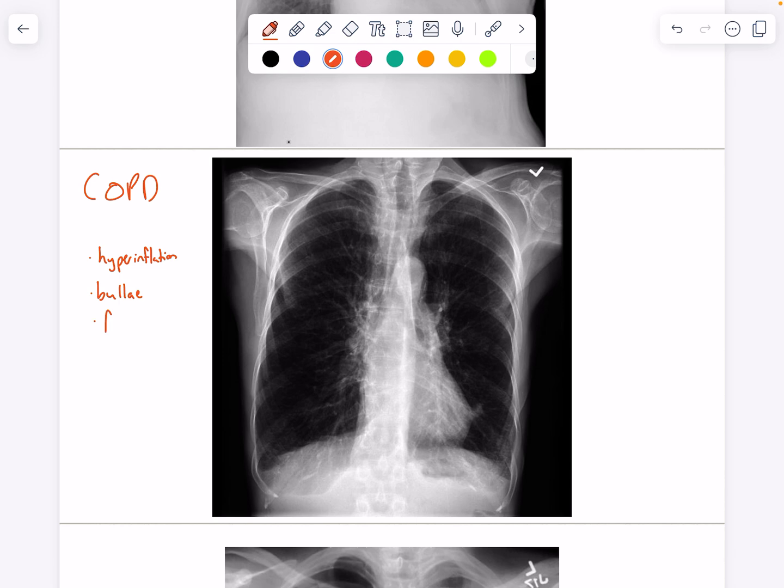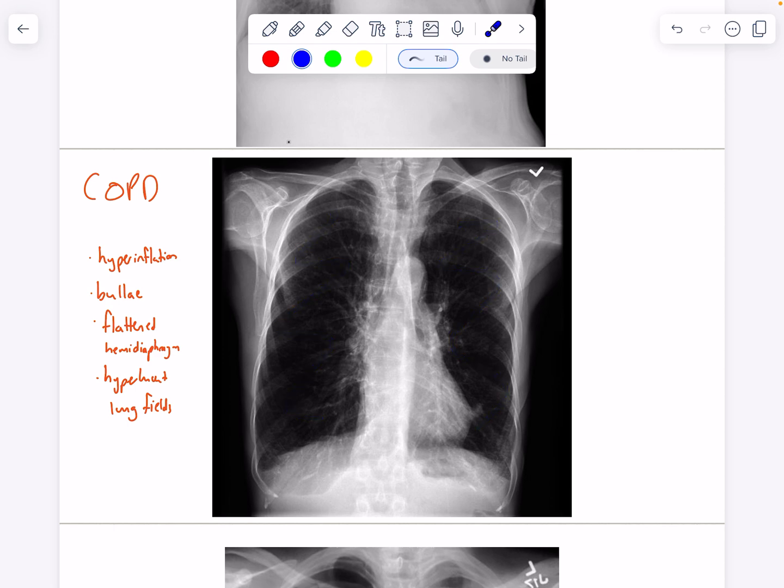Another is a flattened hemidiaphragm, which we can see here as well. And then we can see these hyperlucent lung fields, which are really, really dark.